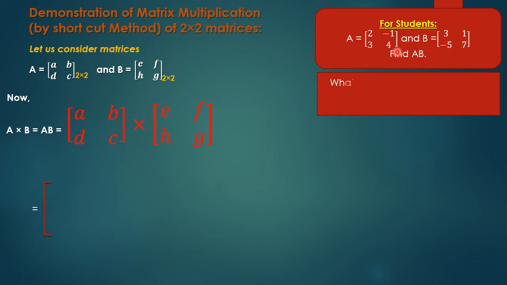As we have already talked about the order of our matrix AB, the order of matrix AB will be the rows of matrix A, that is 2, and the columns of matrix B, that is 2. So the order of our new matrix AB will be 2 cross 2.